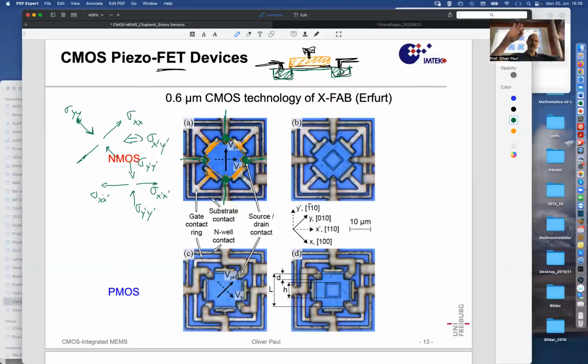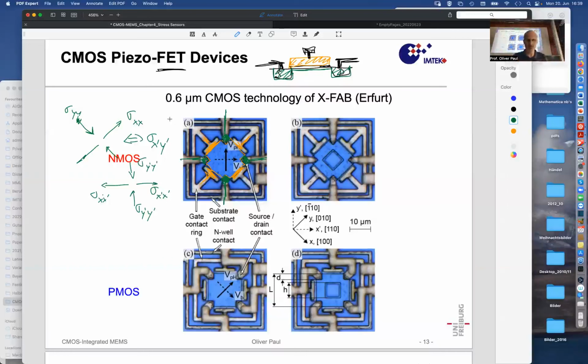So if this structure is exposed to a shear stress, it will respond. But that shear stress in this prime coordinate system is equivalent to a difference of normal stresses in the crystal coordinate system. And the piezoresistive coefficients that are associated with these normal stresses are maximum for n carriers. So this structure is oriented as it should to exploit piezoresistive coefficients maximally.